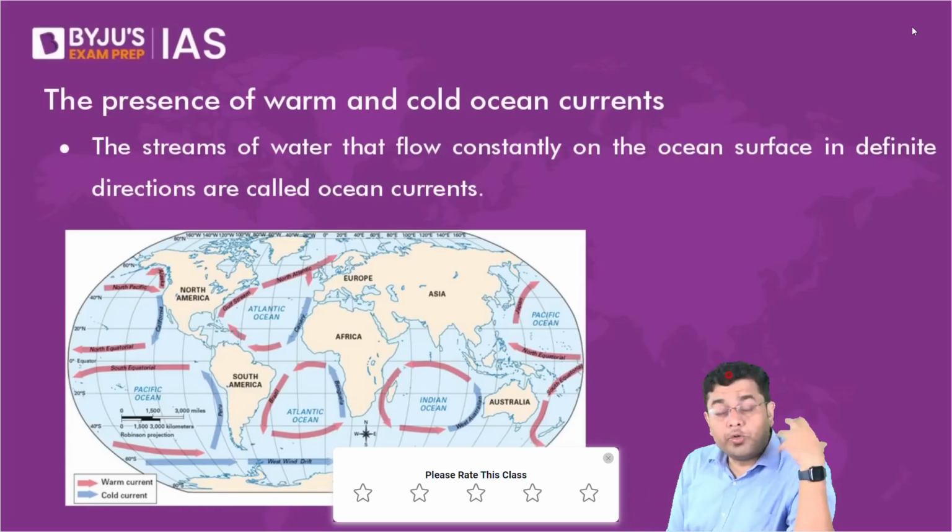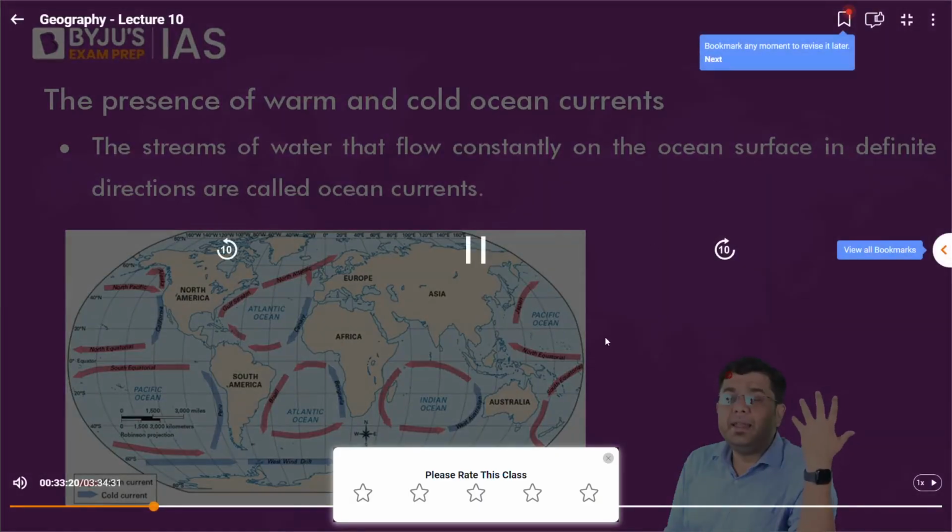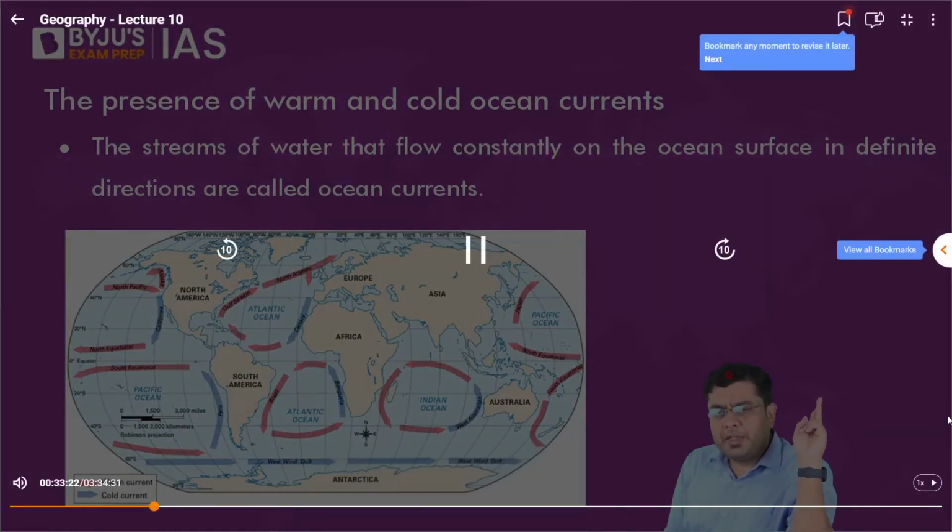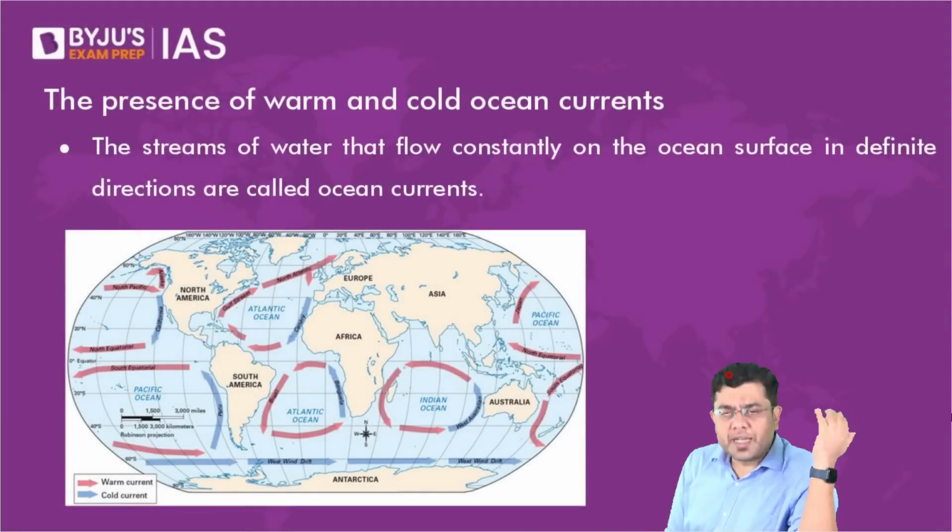These ocean currents are also very important in order to distribute heat in various different areas. So basically, you have either warm ocean currents or cold ocean currents. Warm ocean currents are higher than the average temperature of the surrounding region, cold ocean currents are lower than the surrounding water temperature.